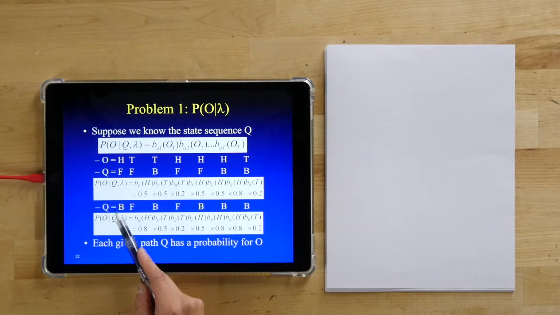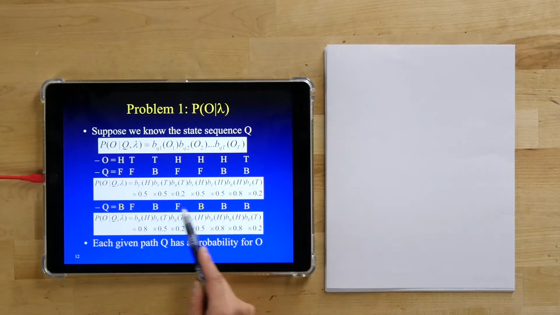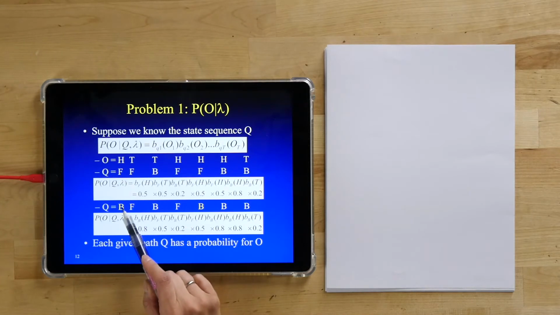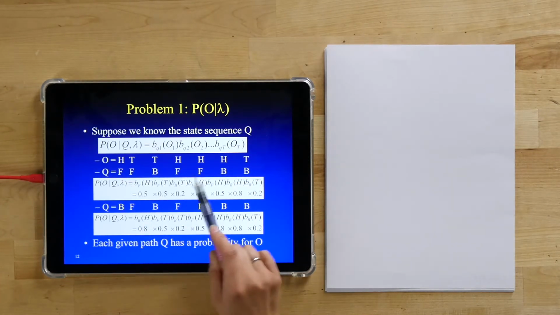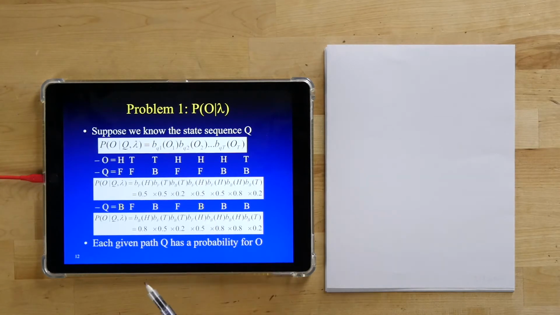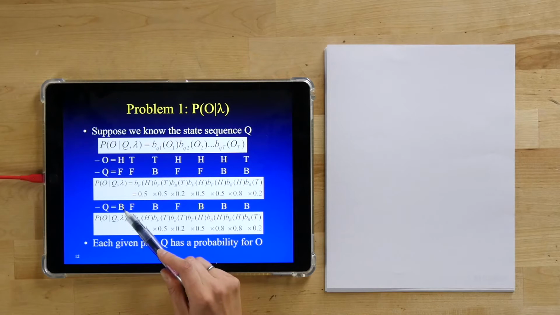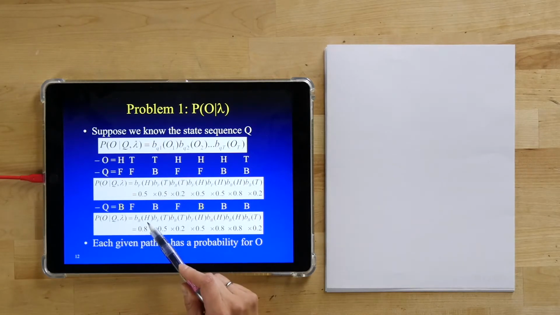Of course, it could have been coming from a different path, right? So if we switch these two coins, here from a fair to a biased, again you will get a different probability, because now we're trying to use a biased coin to flip this head. And so here you can see the probability becomes 0.8.